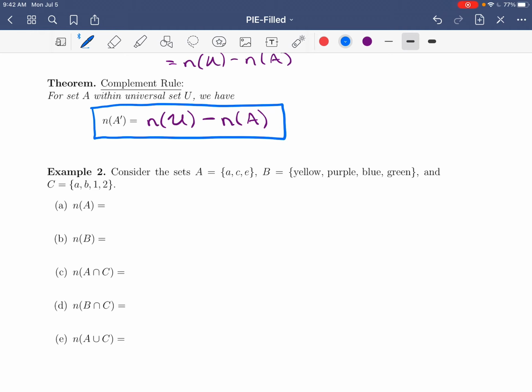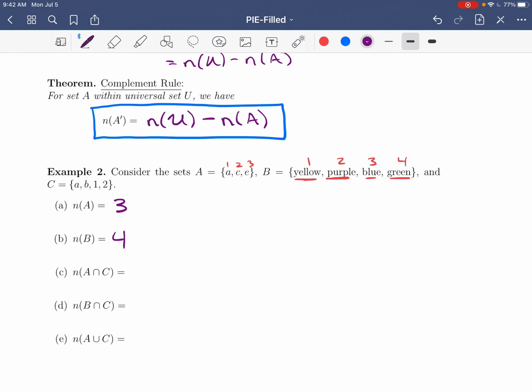Now the number of elements in A, well we know that's 3: A, C, and E, so 3 letters. For B, there's 4 colors. So even though there's more than 4 letters in there, the elements are the colors themselves. Remember, elements can be anything. So here they're colors, so the number of things in B is 4.